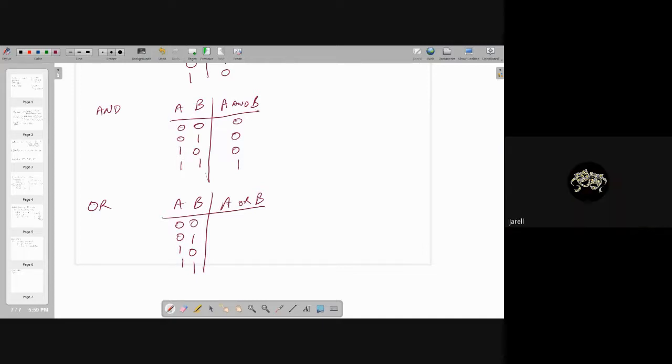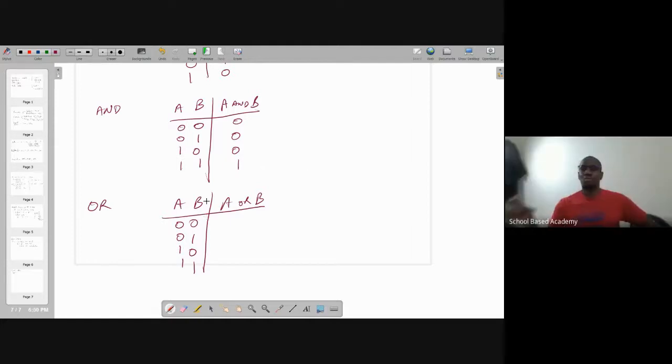Well, either one of them could have a 1 in them. Right. We only need one instance present for it to be included. So our result for or would be 0, 1, 1, 1, because in this case, we have both instances. We have one instance here, and we have one instance here, okay?